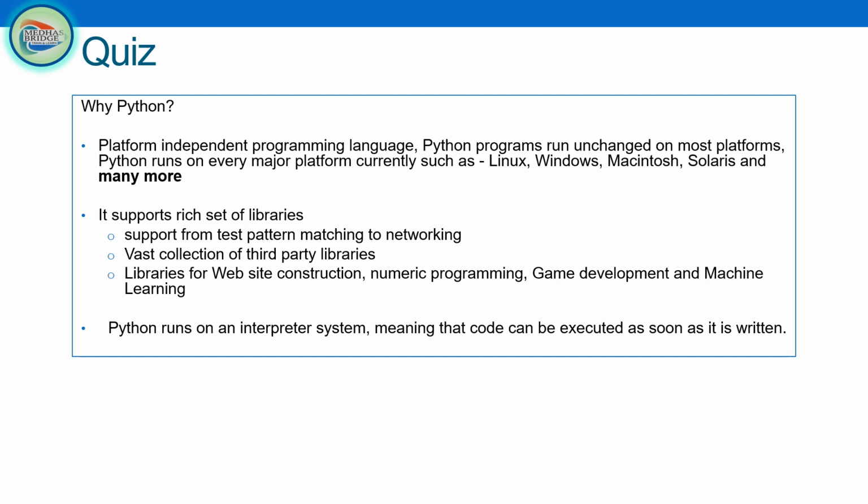It supports a rich set of libraries, from text pattern matching to networking, a vast collection of third-party libraries, and libraries for website construction, numeric programming, game development, and machine learning. Python runs on an interpreter system, meaning that code can be executed as soon as it is written.